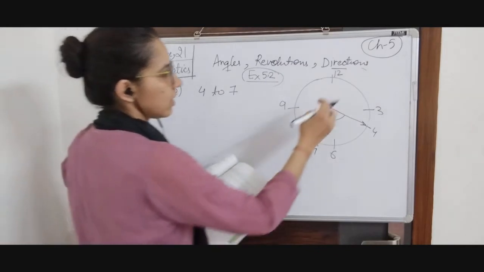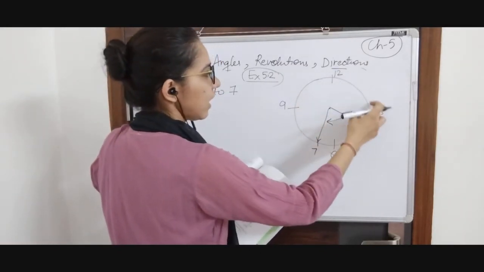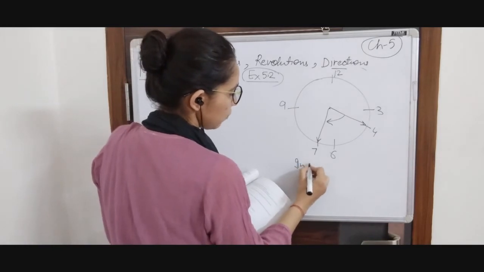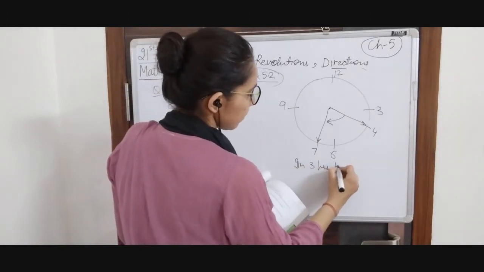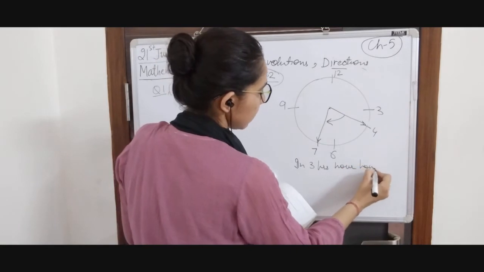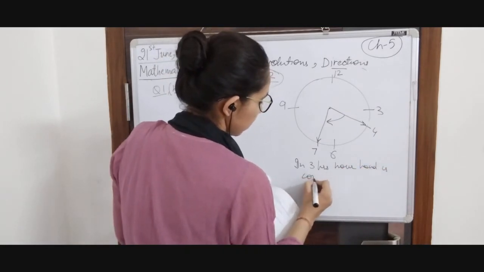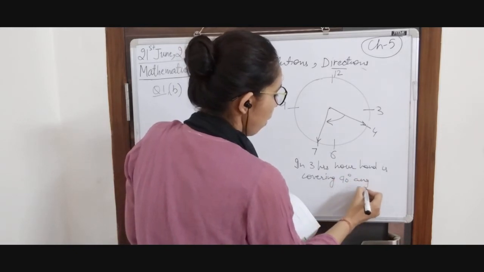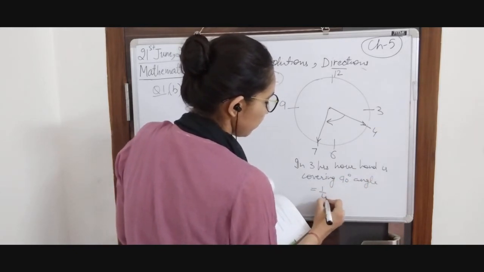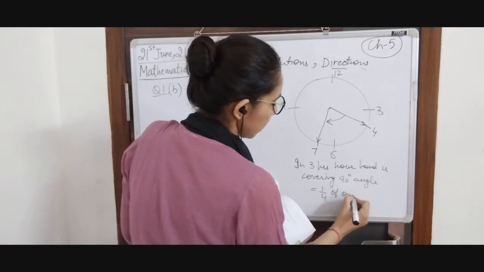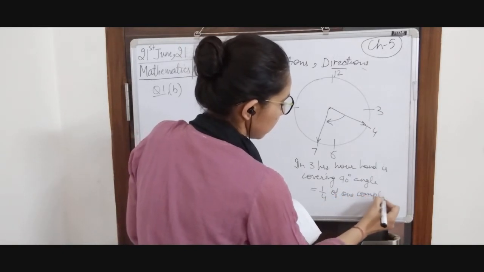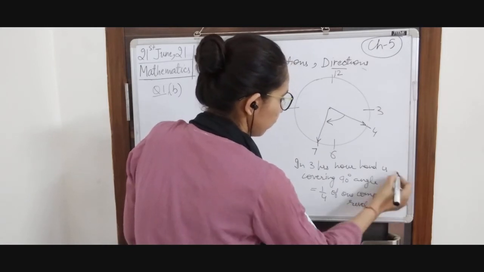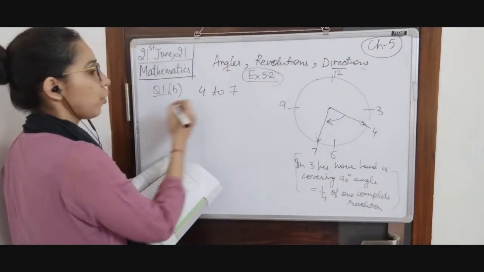In 3 hours, 12 to 3, the hour hand is covering one right angle, 90 degree angle, or you can say equal to 1 by 4 of one complete revolution. Okay? So we are going to use this.